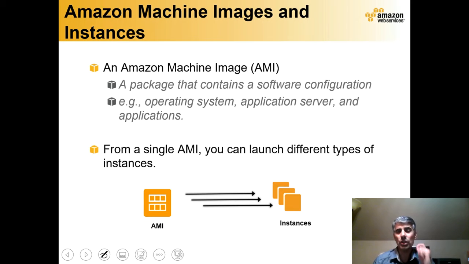So in Amazon, there are some pre-existing AMIs, public AMIs that you can instantiate from, or you can build your own private AMI, and then you can instantiate from your own AMI.